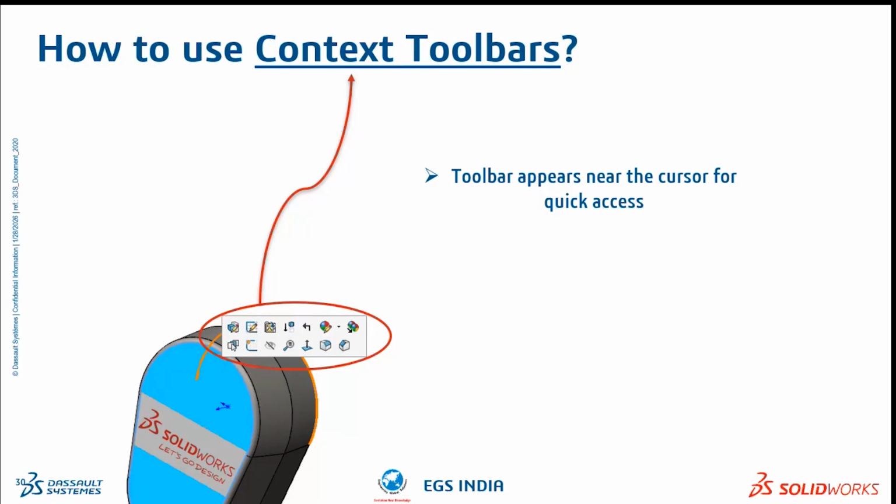For example, if you want to start a new sketch on an existing model face, simply select the face, and you will notice the context toolbar appears immediately near the cursor. You just select the new sketch icon, and this automatically opens the new sketch.